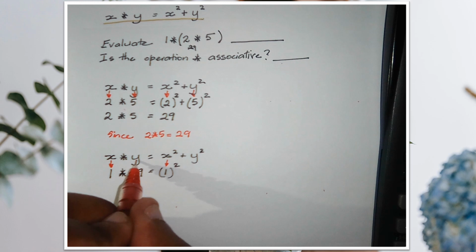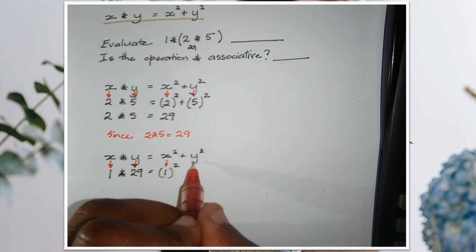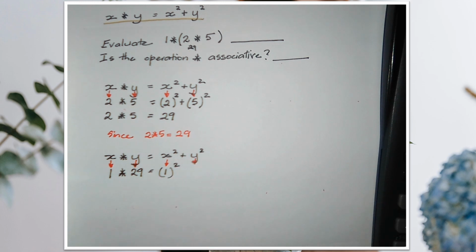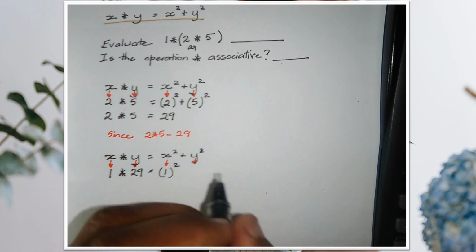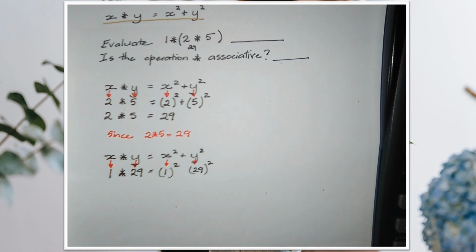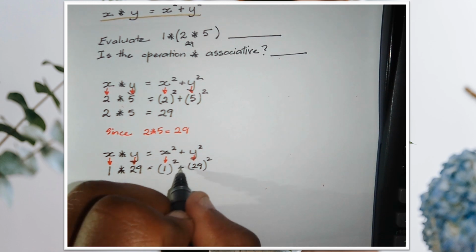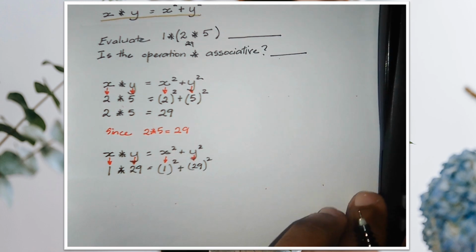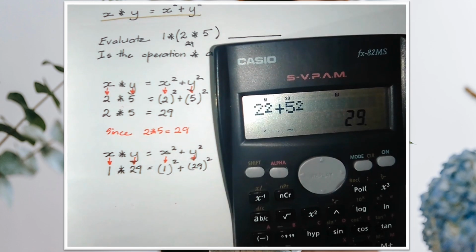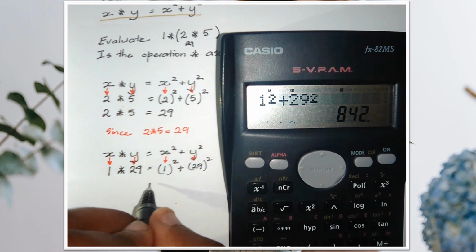And we can see the value of y is going to be 29. So I'm looking for y, and I'm going to replace it with 29. And look, the y had a square, so we're going to put a square as well. And look, there's a plus in between them. So I'm going to draw for the calculator, and I'm going to put in 1 square plus 29 square, and that gives us 842.